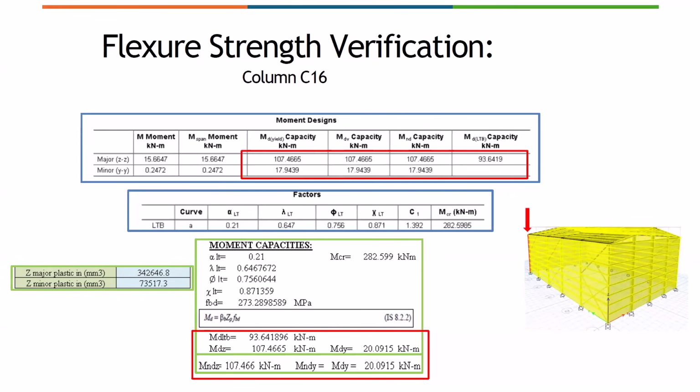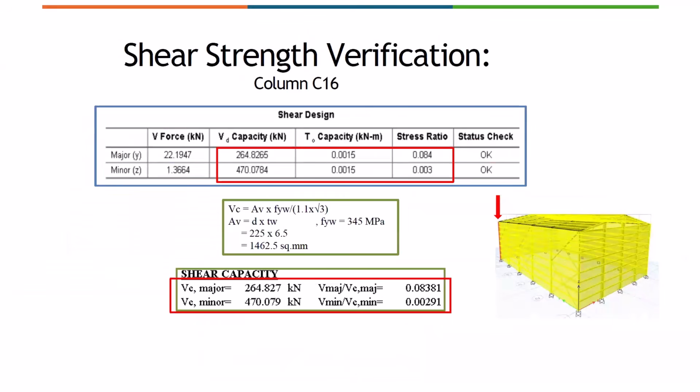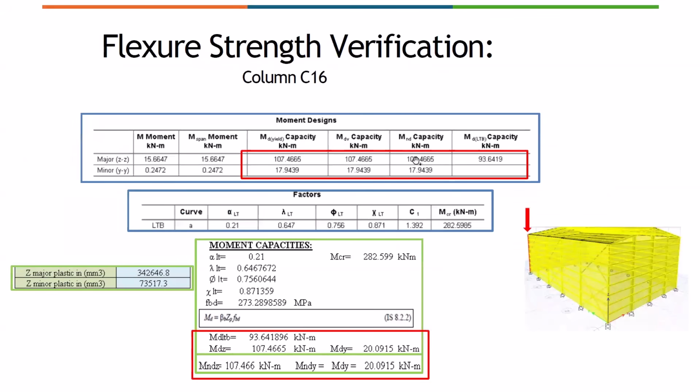So you will be noticing in the slide next to this that the stress ratio for shear force is less than 0.6. Hence, the MND capacity will be same as the previous one.